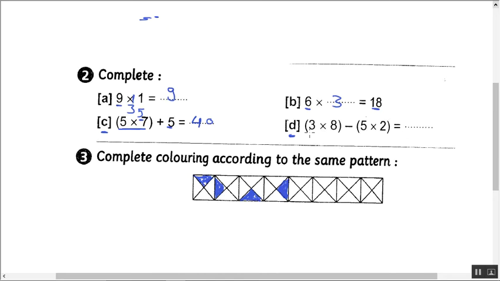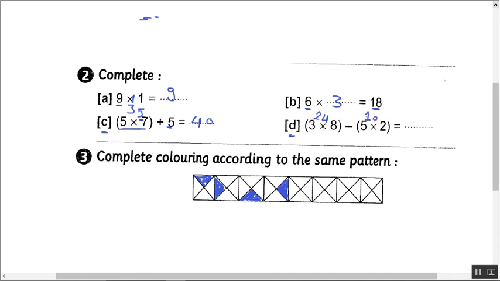Question D. He said 3 times 18. 3 times 18, meaning here 3 repeated 8 times. So we'll say 3 times 18 equals 24. 24 minus 5 times 10. 5 times 10. 5 here repeated 2 times, meaning here 5 plus 5. 5 plus 5 equals 10.